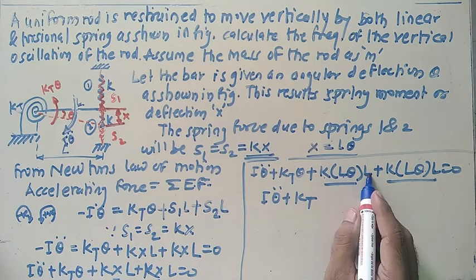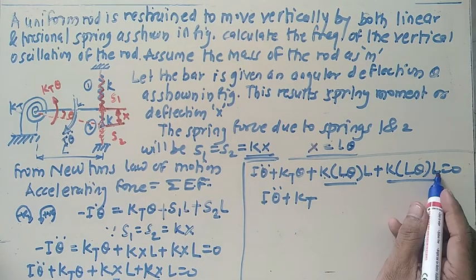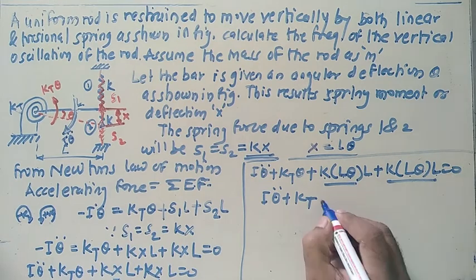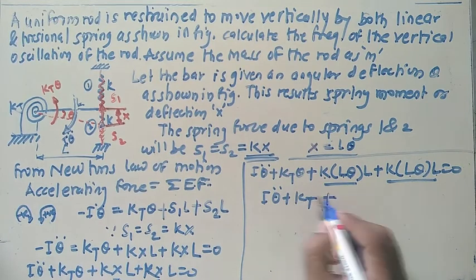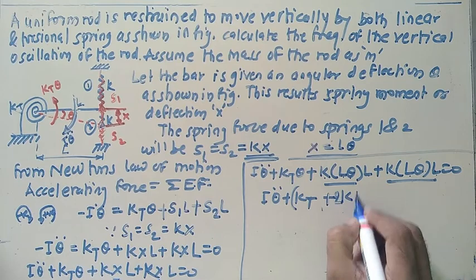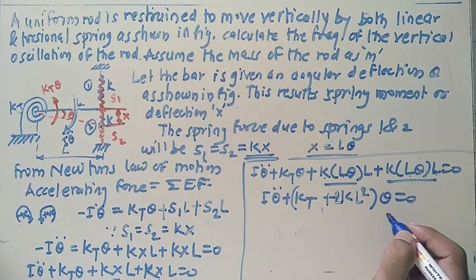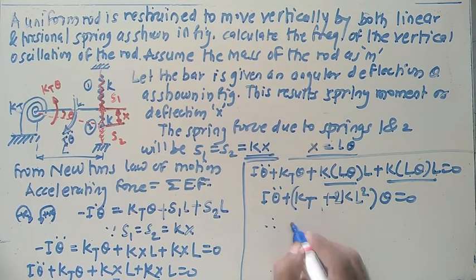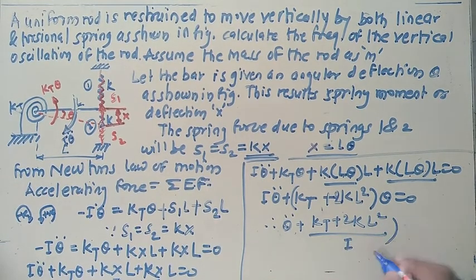So kt plus 2k L square into theta equate with 0. Therefore, I theta double dot plus kt plus 2k L square, divided by I, into theta equals 0.